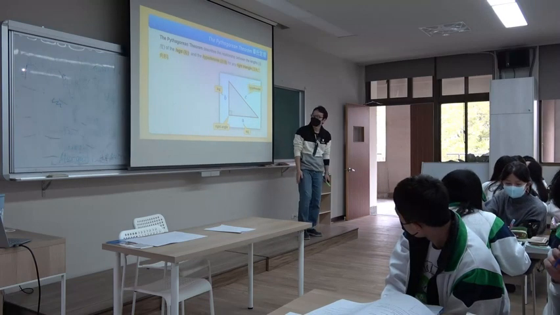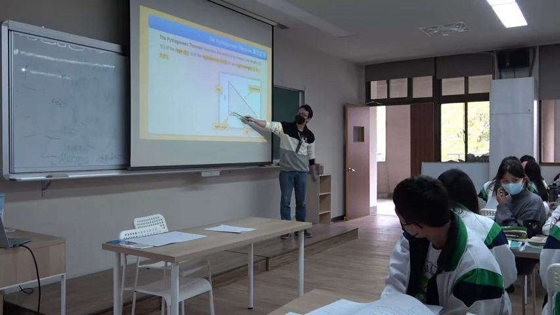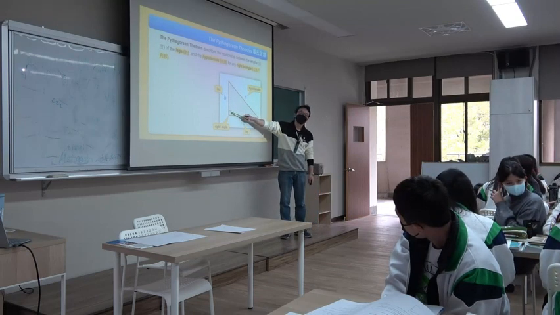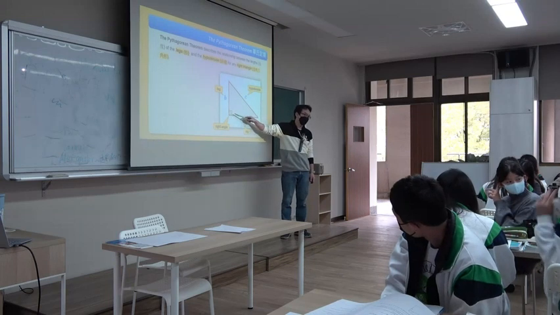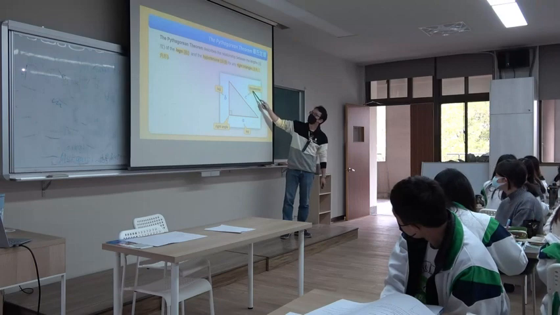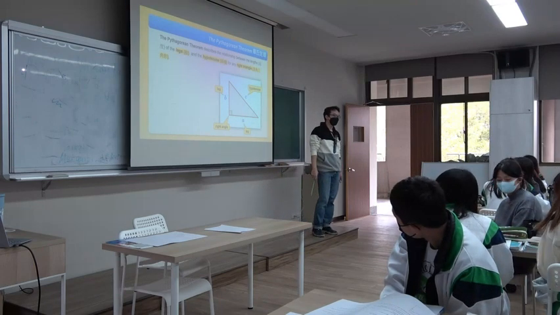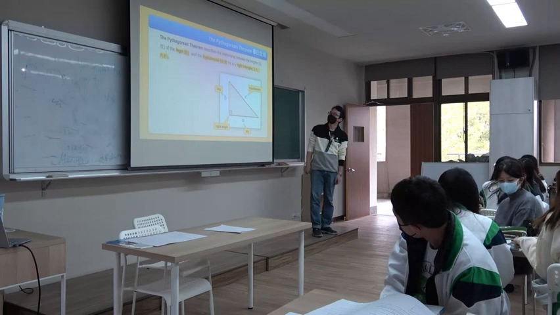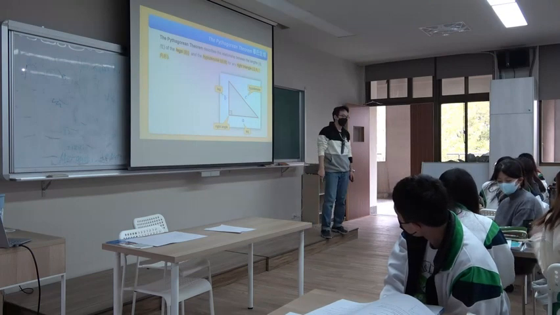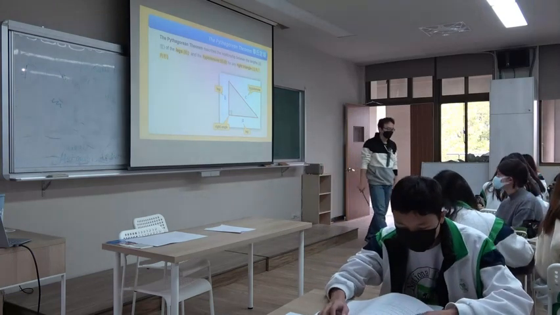Legs, okay? And this side opposite to the right angle is called the hypotenuse. 斜边. Hypotenuse of the right triangle. Okay.